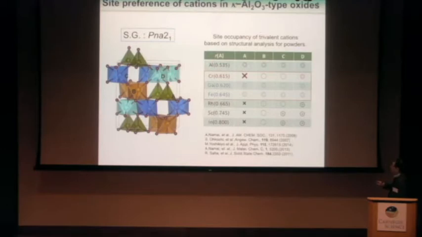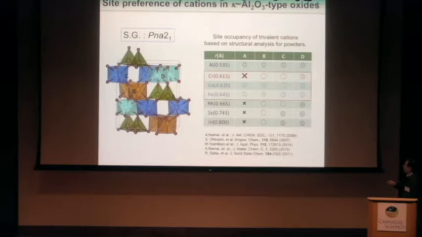And we chose chromium substitution because, according to the crystal field theory, chromium cannot take a coordination of 4.